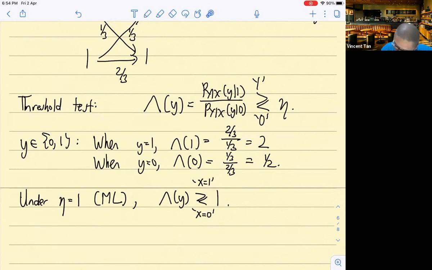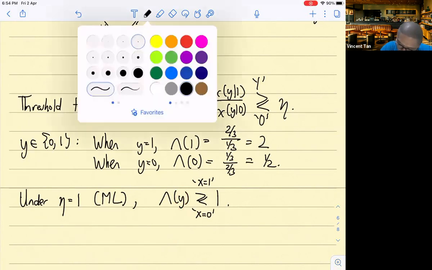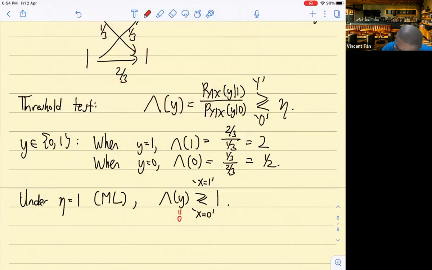Now, let me do this one slowly. If Y is equal to 0, this guy here is equal to 1/2. So what would I choose? I would choose X equals 0, right? So in this situation, if Y is equal to 0, X hat will be chosen to be 0.